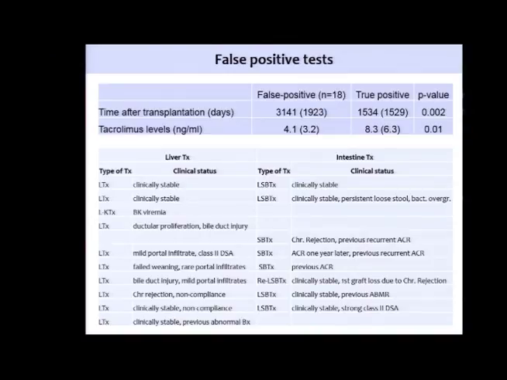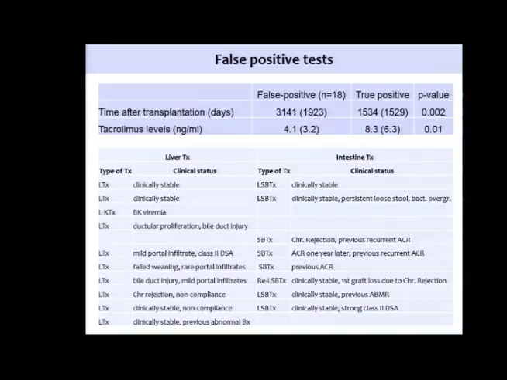And this is the breakdown of the liver transplant patients and the intestine transplant patients who had false positive tests. And what you see here are these 4 guys with livers, where the false positive doesn't really have a good explanation. In fact, you might even say it was confounded by the presence of BK viremia in a child who had both a liver and a kidney.